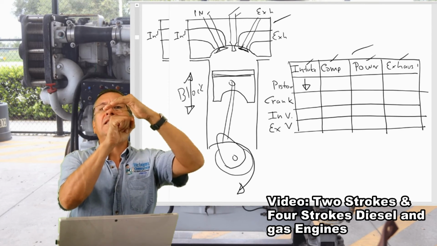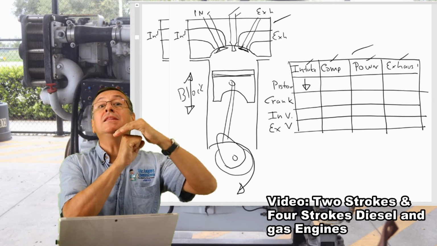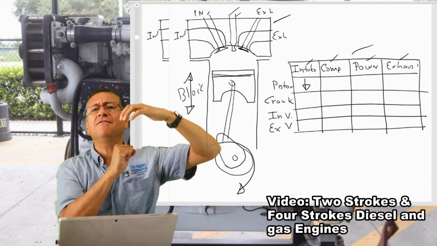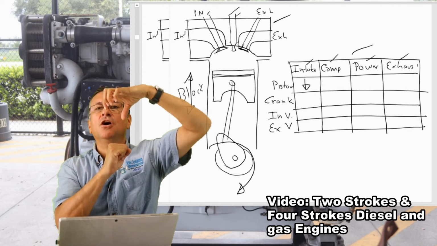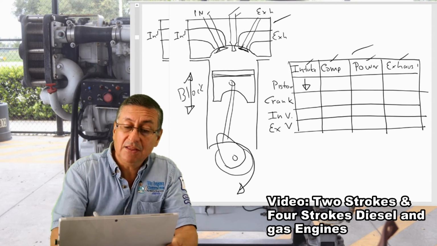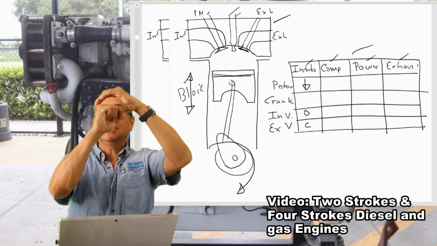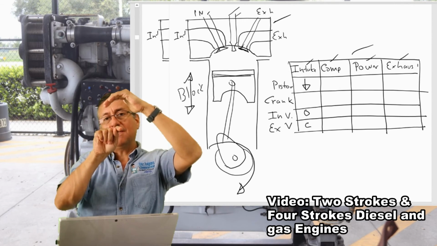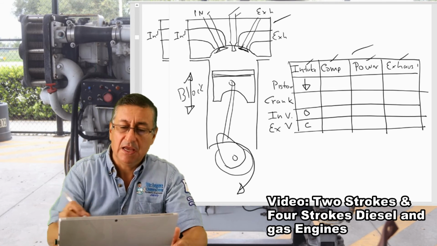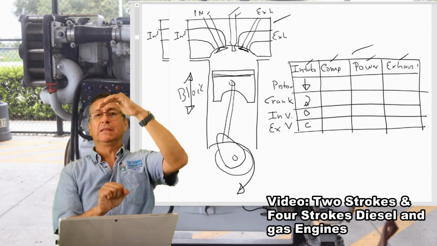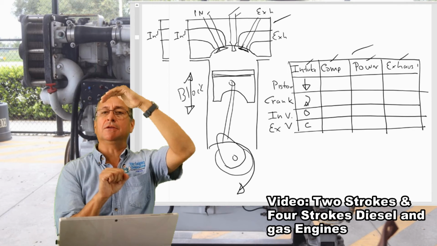During the intake stroke, the piston is going down, and what valve is open, intake valve or exhaust valve? Intake valve is open and exhaust is closed. And in this movement, the crankshaft rotates 180 degrees, half turn. Now the piston is at the bottom.